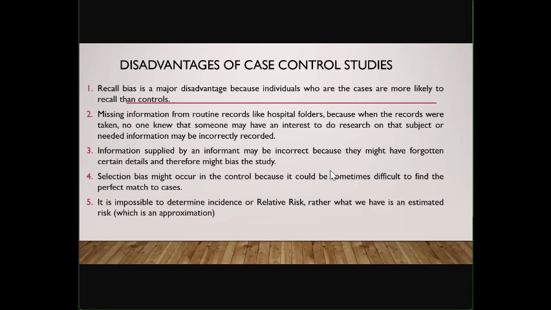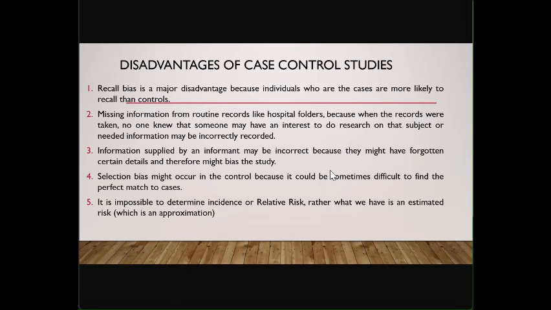Selection bias might occur in the control because it could sometimes be difficult to find perfect matches. Yes, the other side I omitted is about the controlled matching, types of matching. I will go back there. I told you to get controls. You get this case group first before you have controls for them.